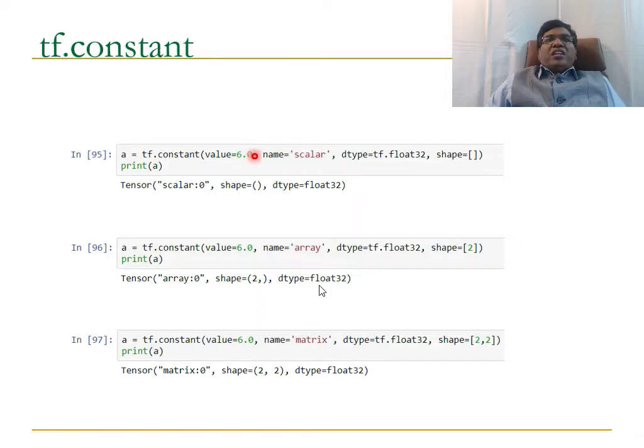Value is a constant value or list, of output type, the dtype. What is dtype? The type of the elements of the resulting tensor. What is shape? The optional dimensions of the resulting tensor. Name: name is an optional name for the tensor.